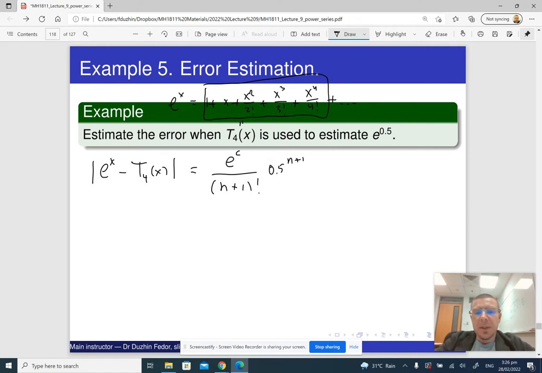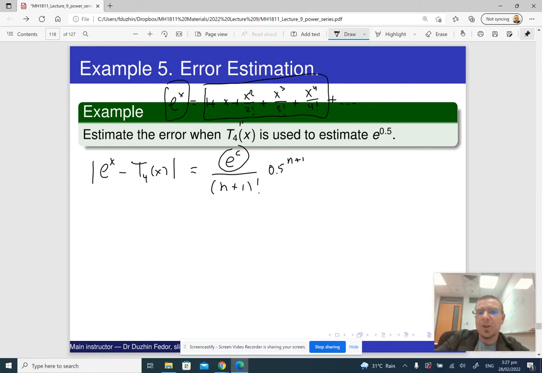Now, just exactly how small is this? Notice that here we have e to the c, and the whole idea of estimating our exponential function with a power series is to sort of get rid of e to the x, because e to the x itself is probably hard to compute.